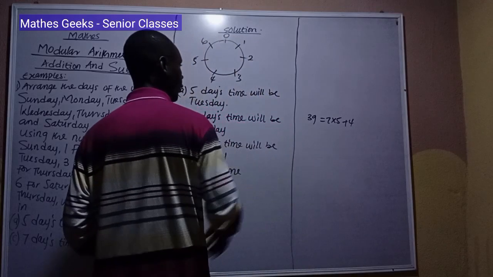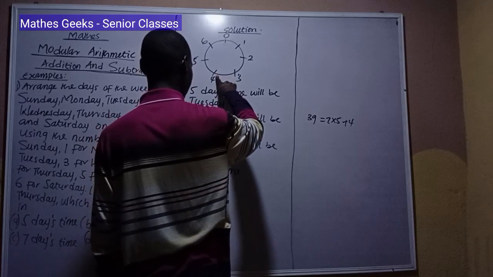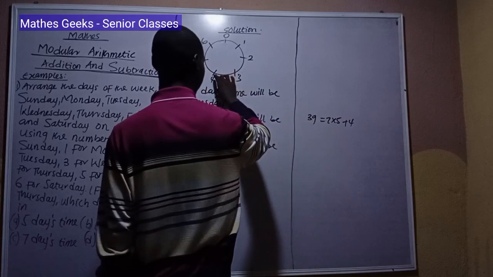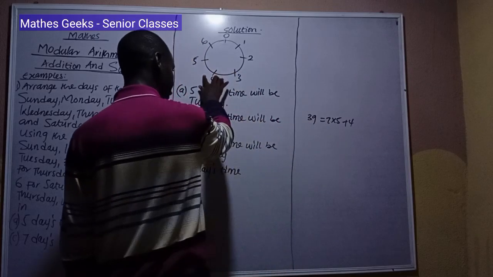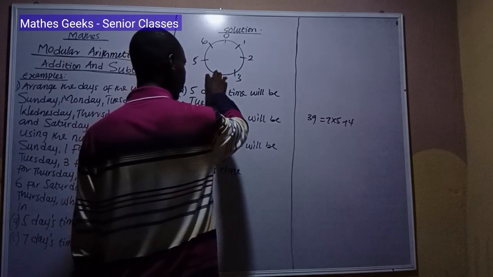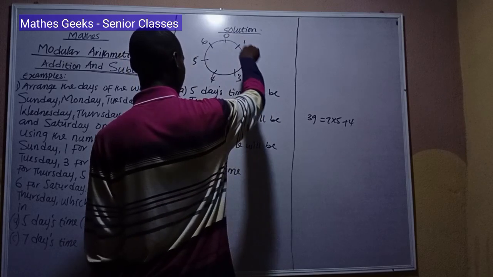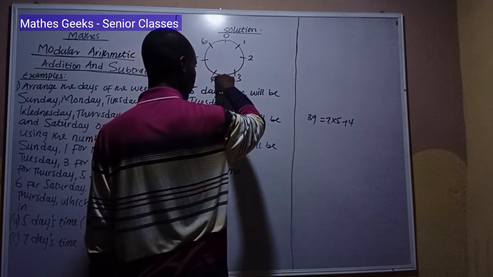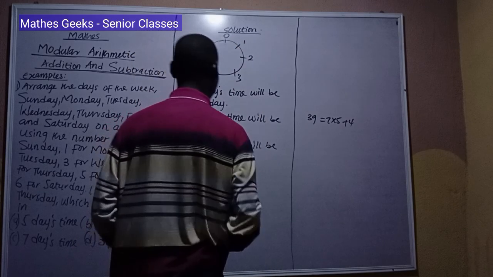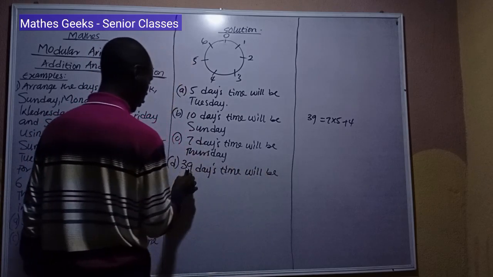So if you go around this circle 5 times, you get 35 days from Thursday, which is 4. So the remaining 4 days: from here, 1, 2, 3, 4. That's Monday. So 39 days time will be Monday.